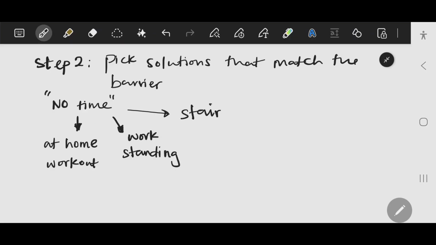So that's just one solution. You can come up with a bunch of other solutions for all these other problems just by thinking creatively. And generally, the goal of these solutions should be to increase physical activity within the client.